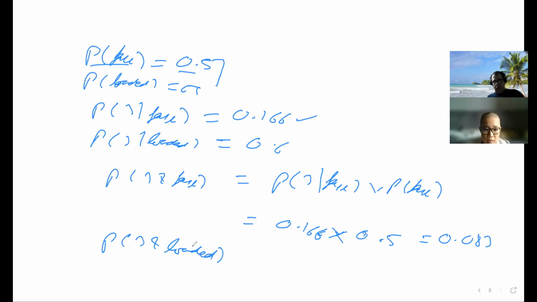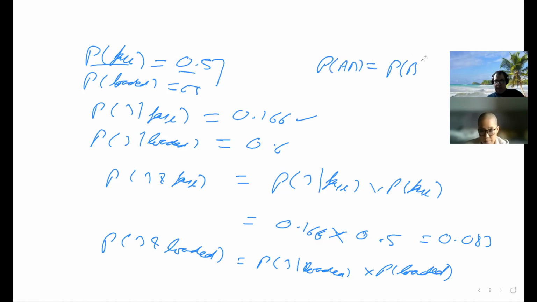And to get the probability of 3 and loaded together, this is a joint probability. Will it not be P(3|loaded) into P(loaded)? I have told you that P(AB) is equal to P(B|A) into P(A).